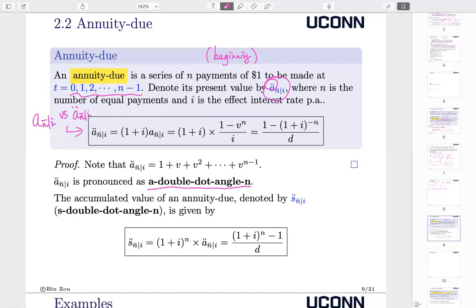Let me use 2 different colors to draw the graph. 1, 2, all the way to n minus 1 and n. Above this timeline, I use pink color to denote annuity-immediate. If you want, you can put the arrow up. It's up to you.